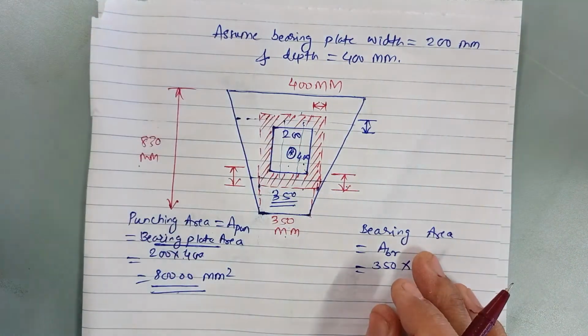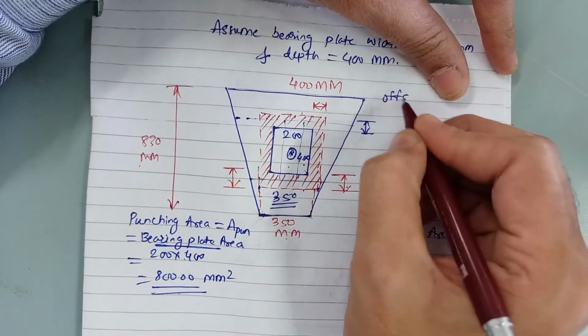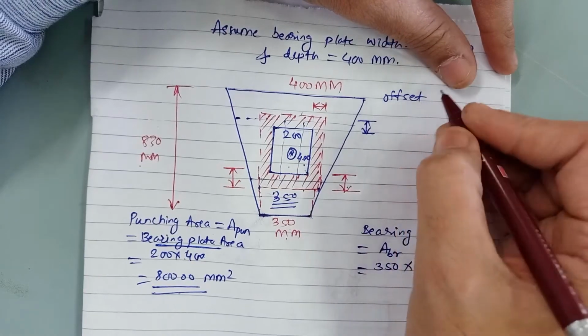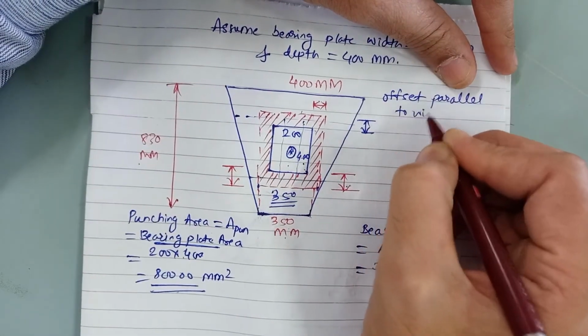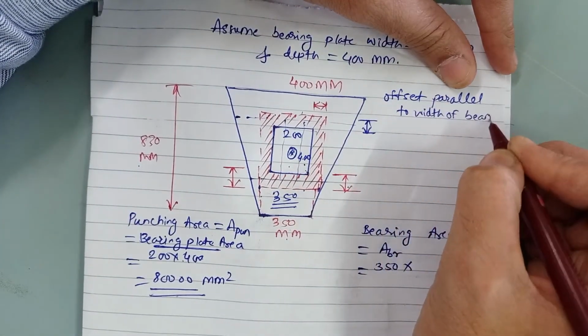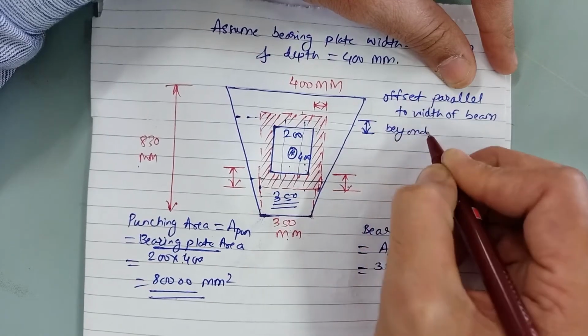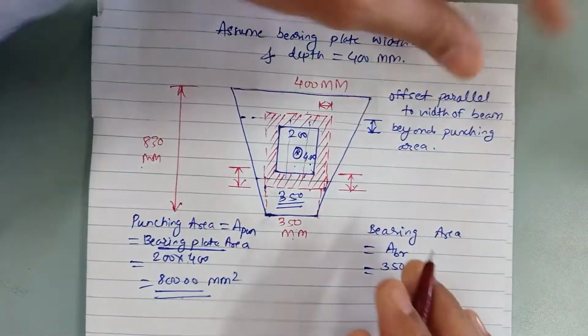Now we are supposed to determine these two offsets, and this offset will be calculated as the offset parallel to the width of the beam beyond punching area.